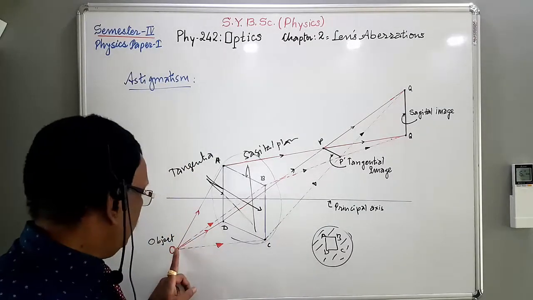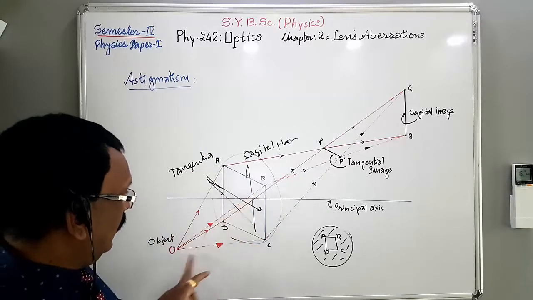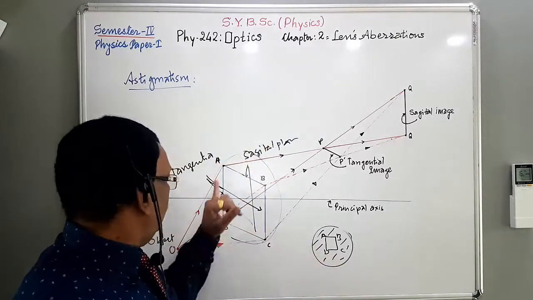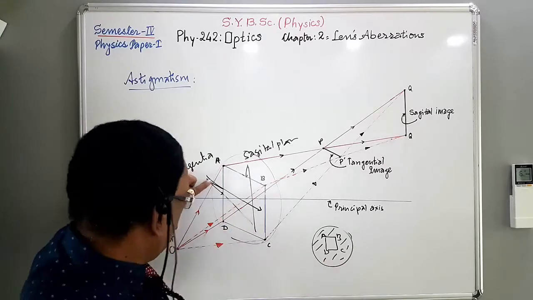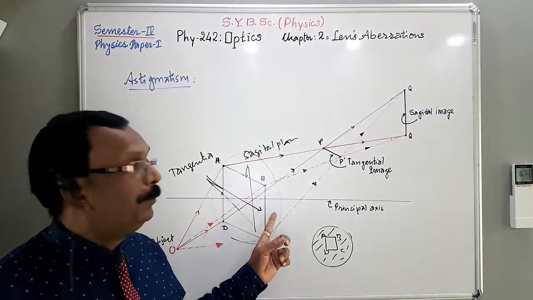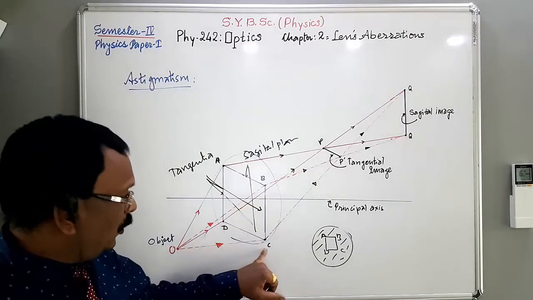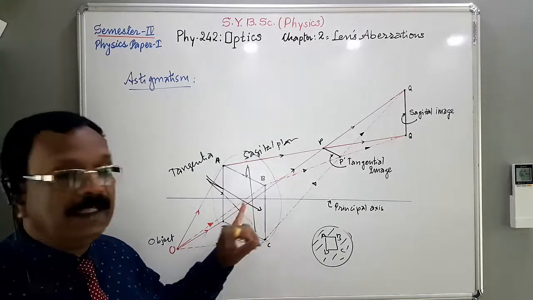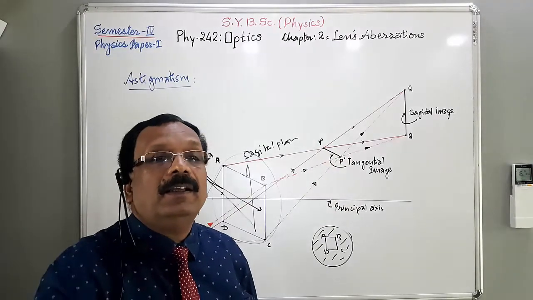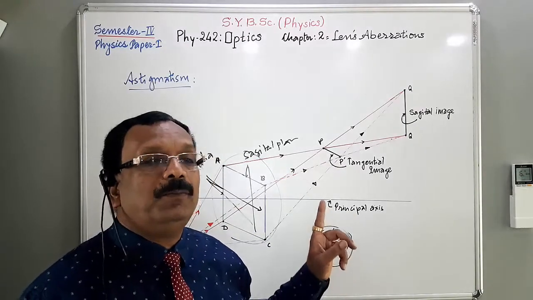The rays OA and OD, after refraction through the lens, meet at point P. Similarly, the rays OB and OC, after refraction through the same lens, meet at the point P prime. Thus, PP prime is the line image of the point object O.